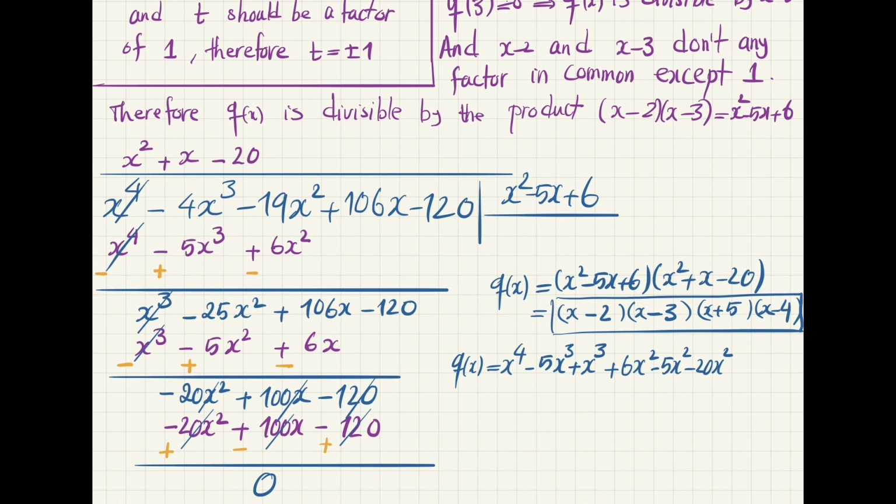Okay, and then the next term, 106x, appears here. It can be written as plus 6x plus 100x. So it becomes plus 6x plus 100x. And then finally I have minus 120. So if you don't mind, let me move this a little bit to the left so that I have enough space.